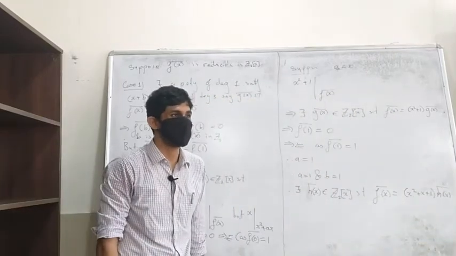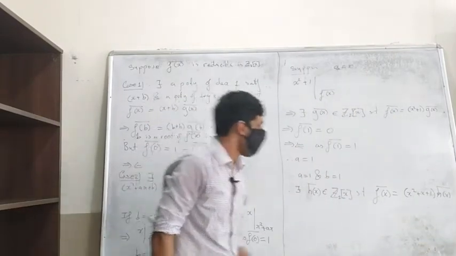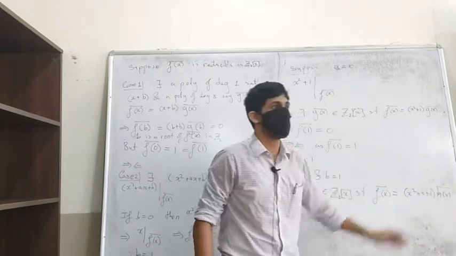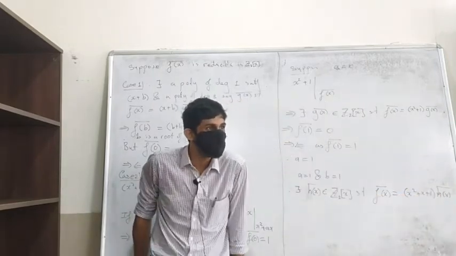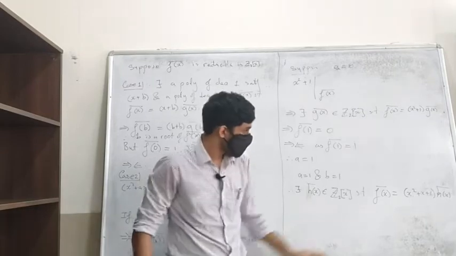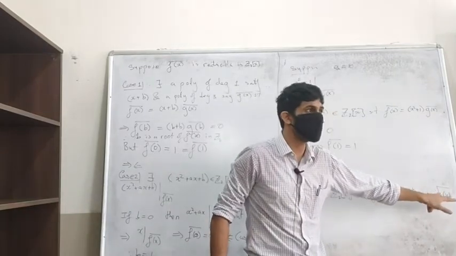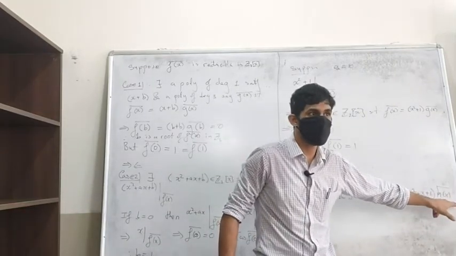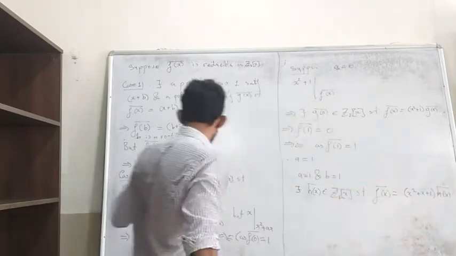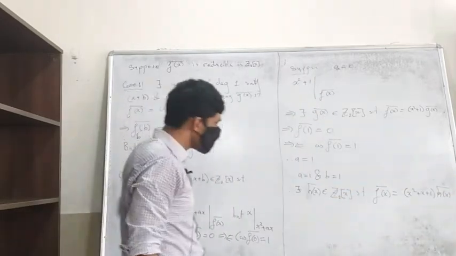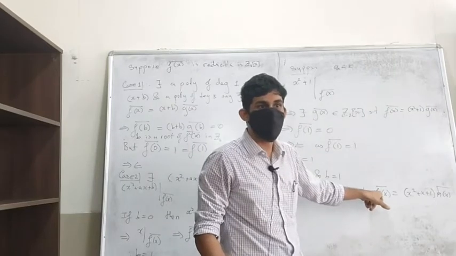Now what happens? Exactly. This should be the same polynomial. Can you tell us why? Because what is the degree of this polynomial? 2. The degree of this polynomial is also 2. That means again it has to be of this type of form, which means it divides f of x bar.